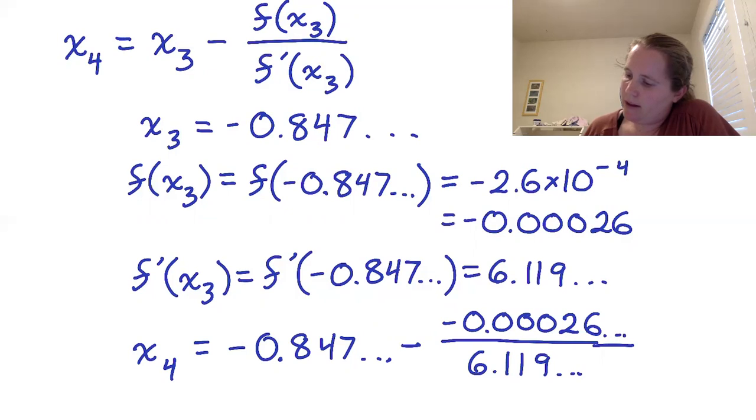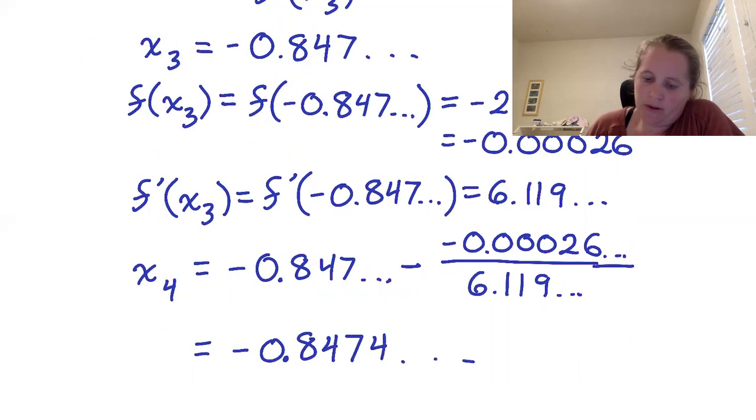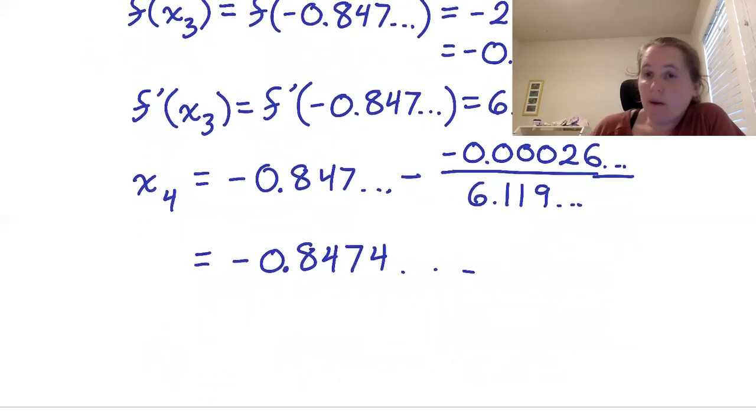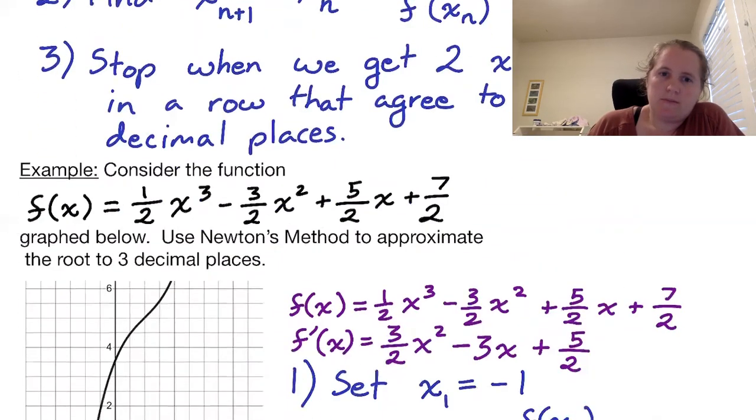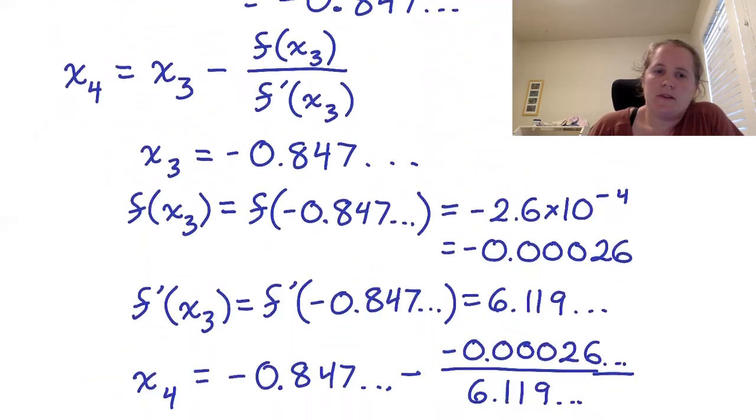And if I plug that in, this is negative 0.8474 going on. So we actually have already found, we were trying to go to 3 decimal places, right?